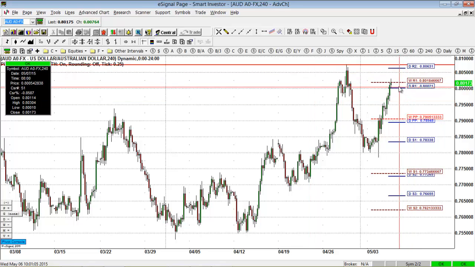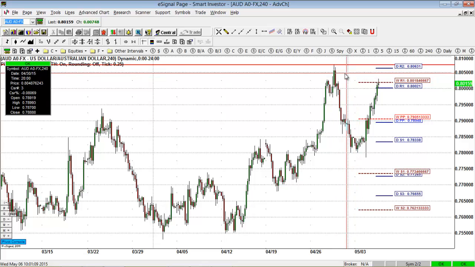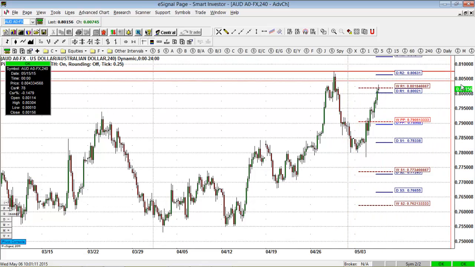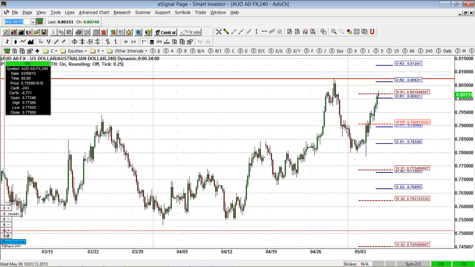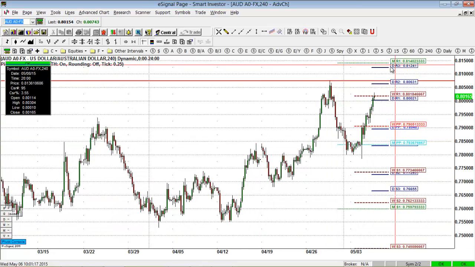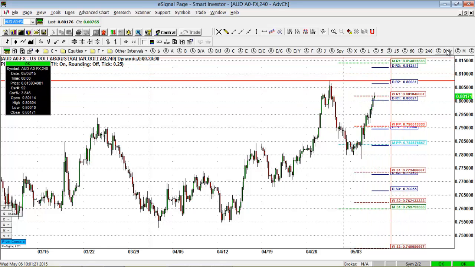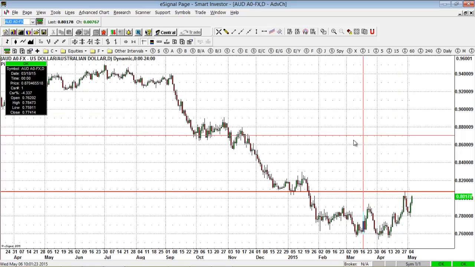So we have weekly resistance at 80.18, a prior high at 80.75, and also just above that we have our monthly R1 at 81.40. So there are some areas of resistance coming up with the Australian dollar here.